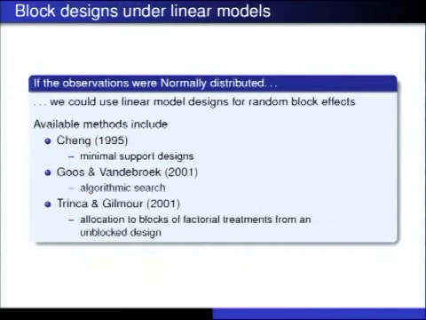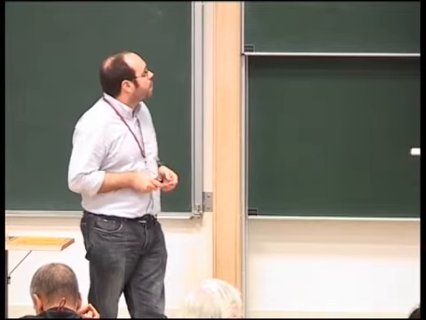If we had continuous data that followed a normal distribution, then we could use some of the results on block designs for random block effects to design our experiment. So this is the other side of the coin. Here we're assuming, okay, we have the correlated data, but it follows a normal distribution.